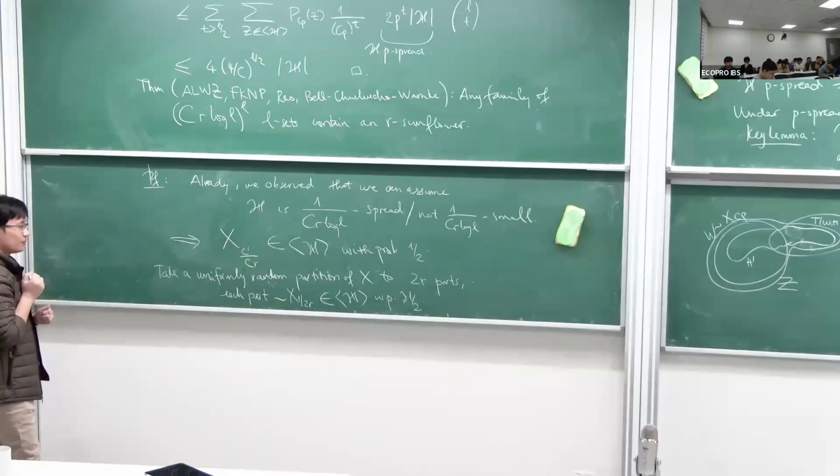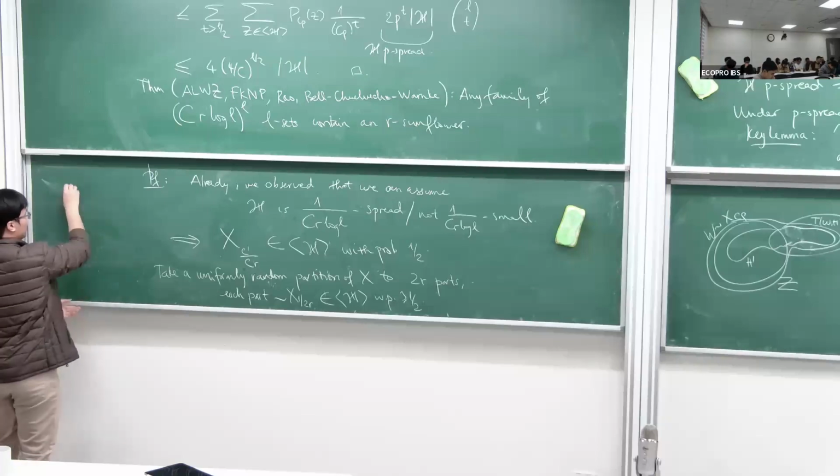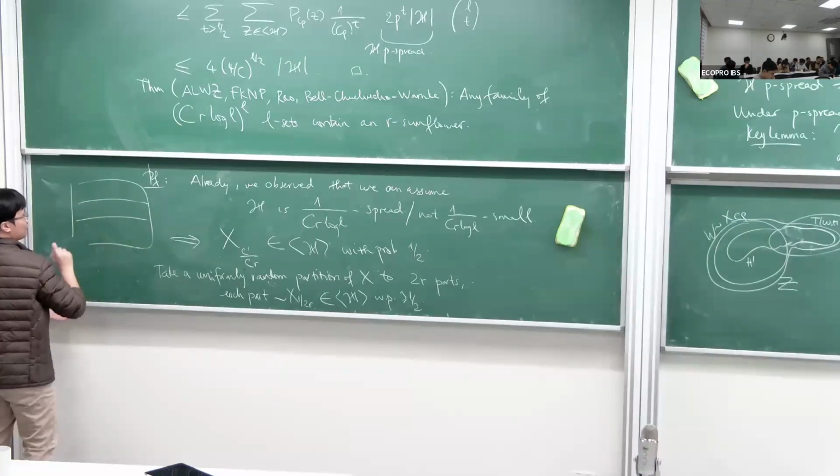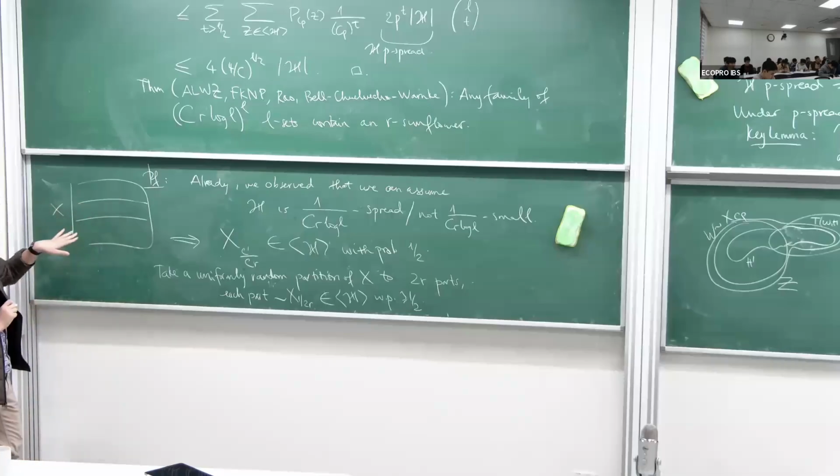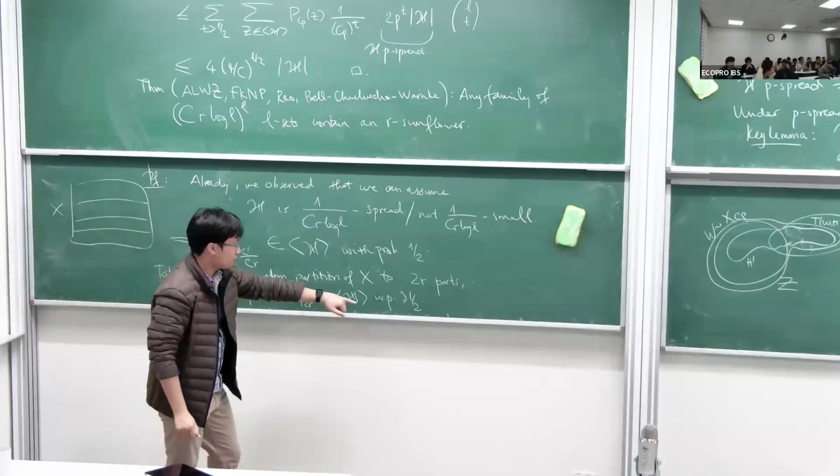At this point, we have our domain X, and we take a random partition of X into 2R parts, to be exact. Each part will contain a set from H with probability at least 1/2.